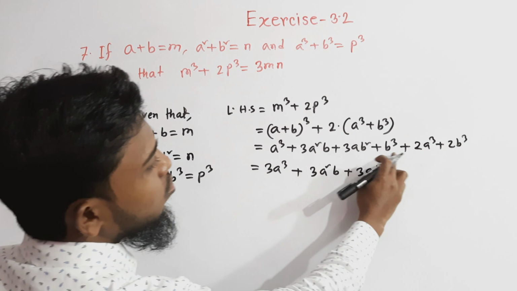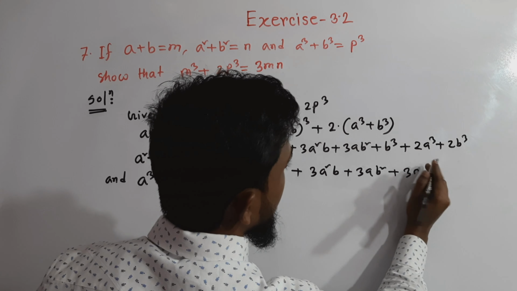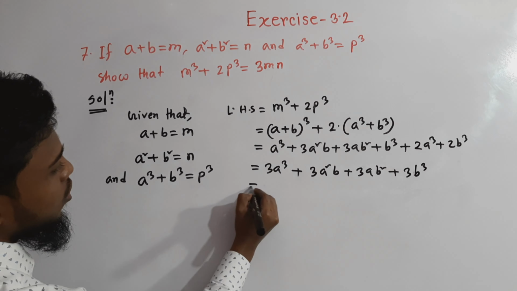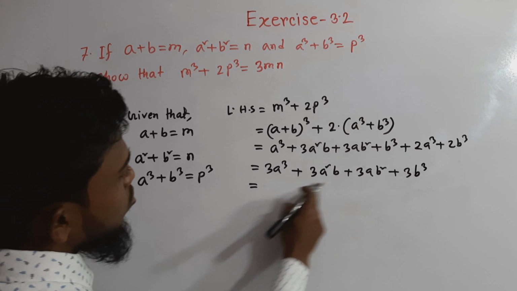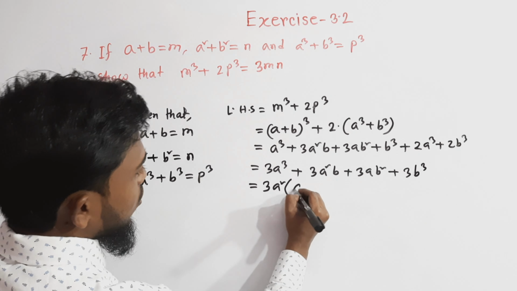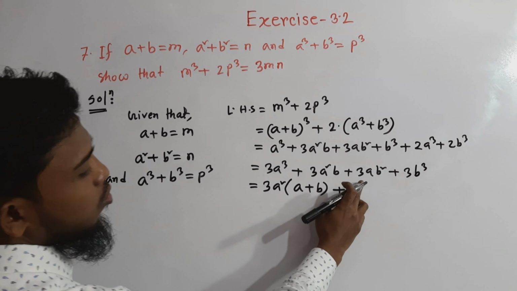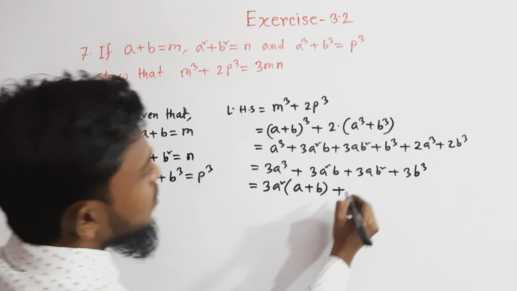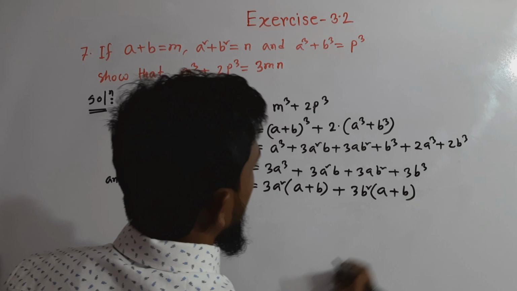Here b cube plus 2b cube, we can write plus 3b cube. Now taking common 3a square from these two terms, we can write 3a square into (a plus b), and taking common 3b square from these two terms, we can write 3b square into (a plus b).